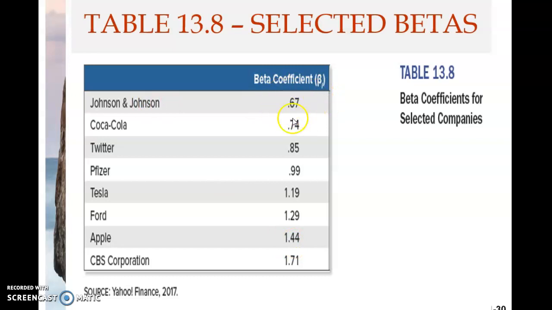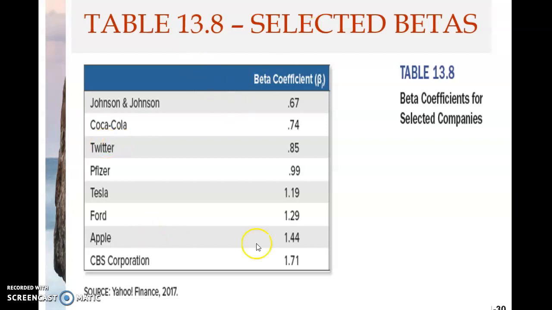So it means that Johnson & Johnson has about 2/3 of the market's systematic risk. The systematic risk of Johnson & Johnson is about 2/3. Okay, about 67% of the market's risk. Market risk is always systematic risk. Market risk has no unsystematic risk. Okay, so that is what it means.